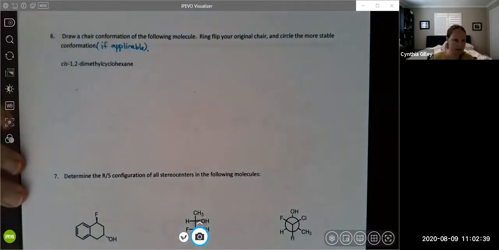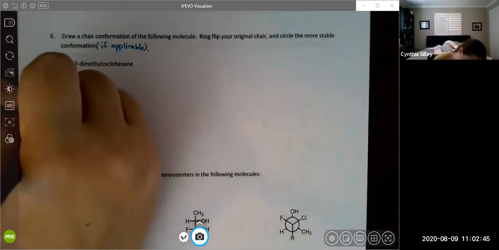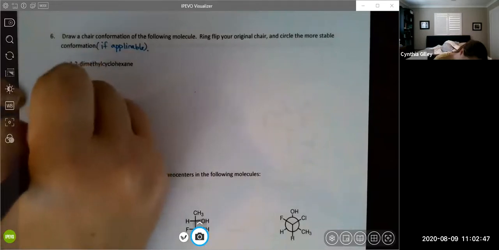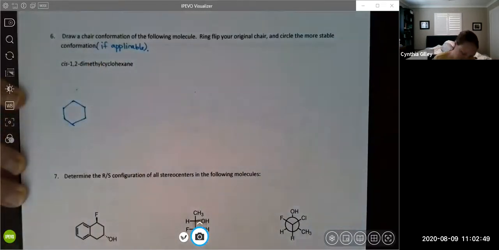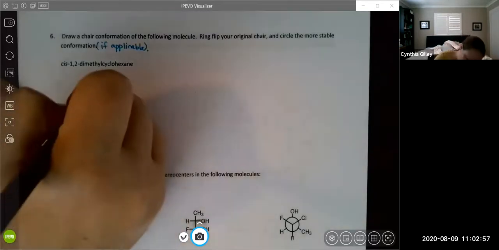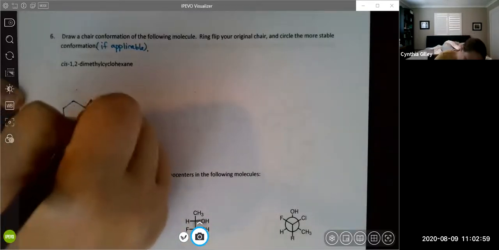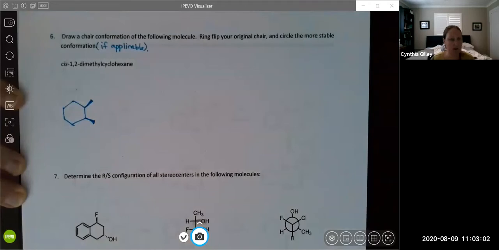Okay, so we can start with the cis 1,2-dimethyl cyclohexane. Perhaps you'd like to visualize that out in a line structure first. So cis just means both up or both down, and it doesn't matter which one you pick. So for example, we could put both of our methyl groups up, and they would be cis.